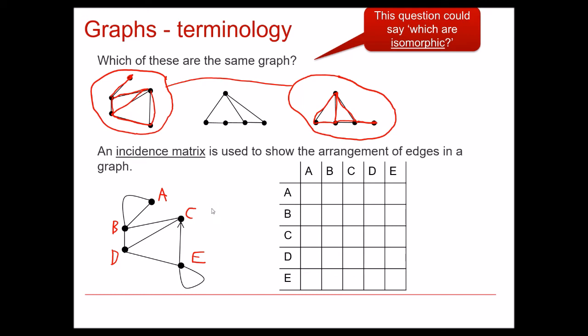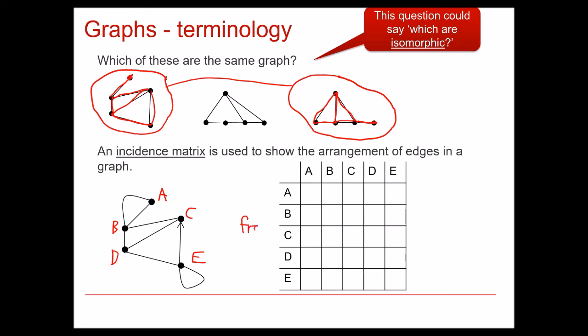Now you'll notice that at least one of these arcs is directed, and so something we need to think about is when we're going from one node to another, we need to make sure we understand which of the two sets of nodes in this table are the ones that we're going from and the ones that we're going to. It's entirely arbitrary which way around we do it, but it is important that we make a decision.